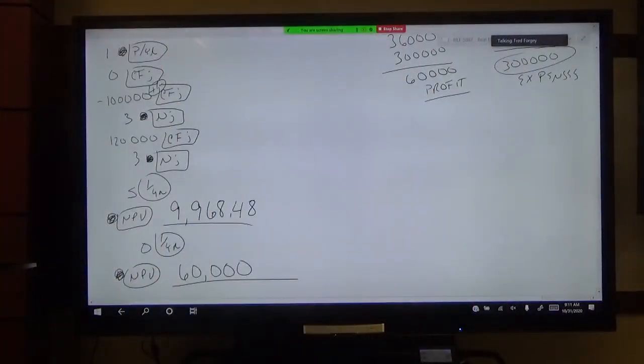So this number here is wrong, because the calculator is doing some funky math as it relates to these cash outflows. Having those mixed cash flows screws everything up. The same thing would be true if you tried to solve for internal rate of return.